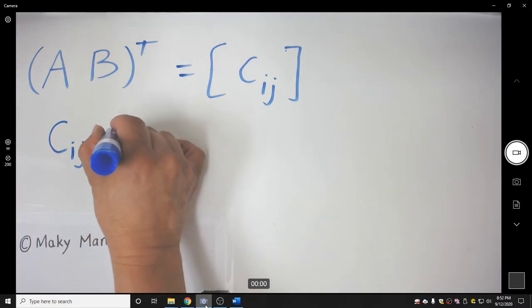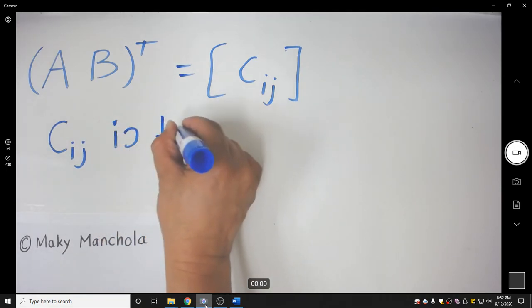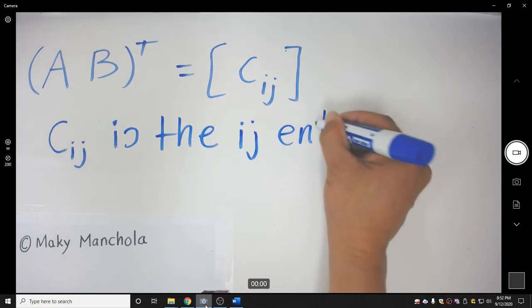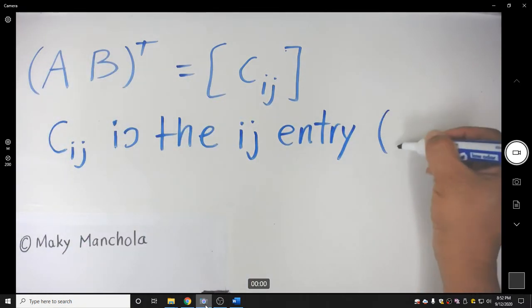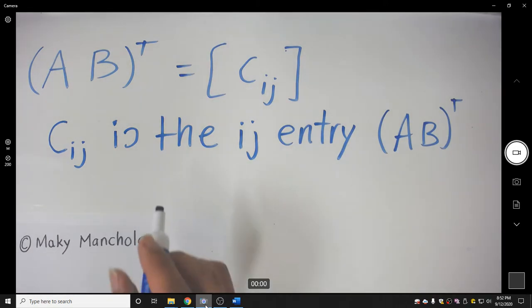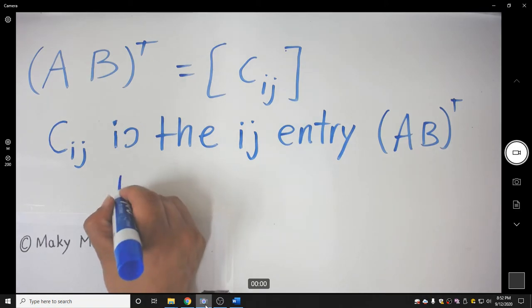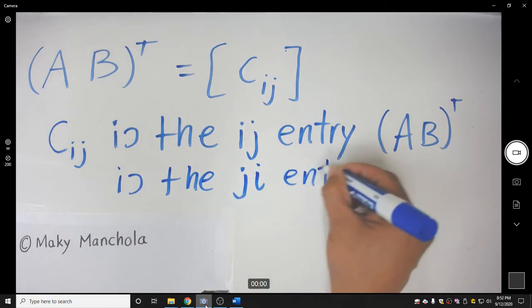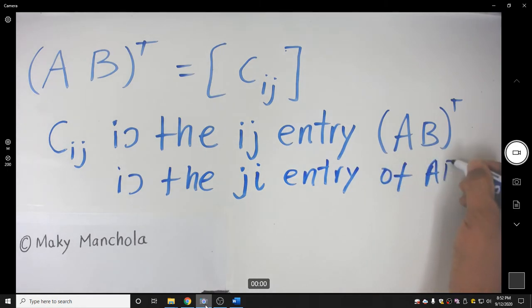That means that it has to be the ji entry of AB by definition of transpose.